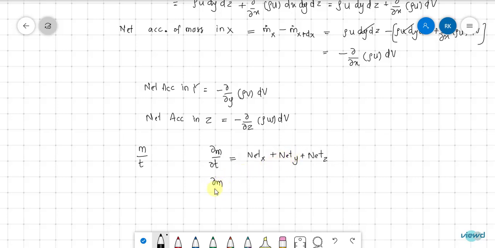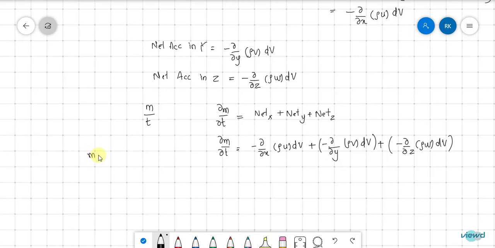So ∂m/∂t is equal to, net accumulation in x, that is minus ∂/∂x of ρu into dV, minus ∂/∂y of ρv into dV, minus ∂/∂z of ρw into dV.